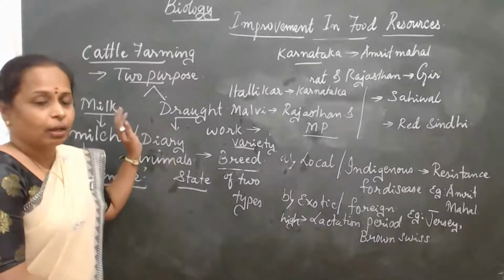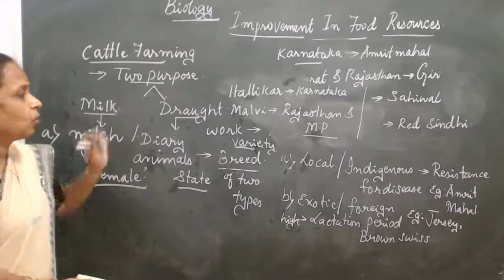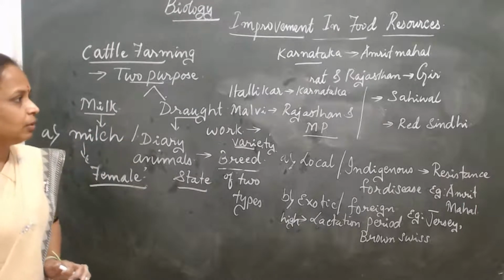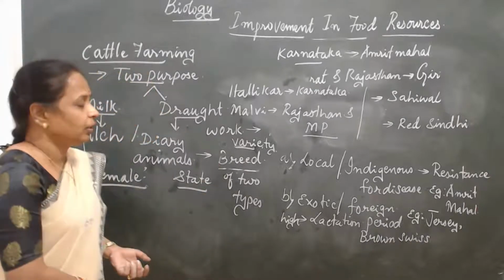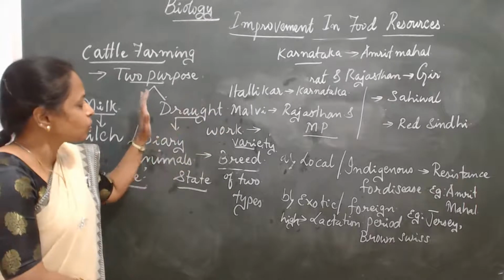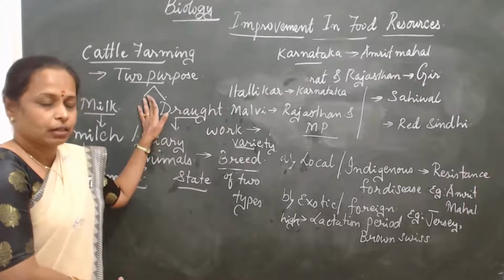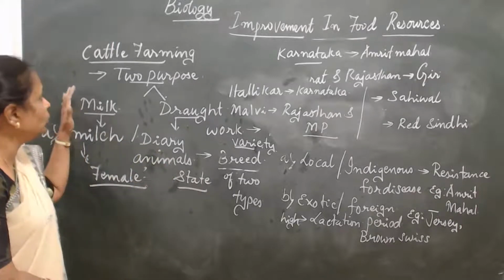So you should be able to remember the animals depending on whether they are milch animals or draught animals. For example, if I say Sindhi, Sahiwal, Jersey and Malvi, then your answer will be Malvi because this is exclusive for draught animals.